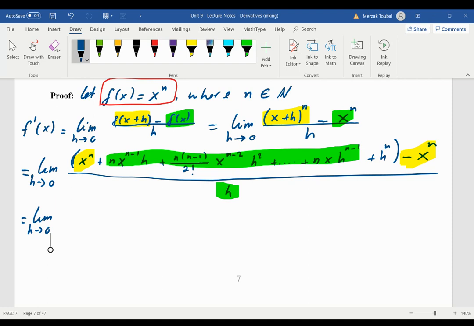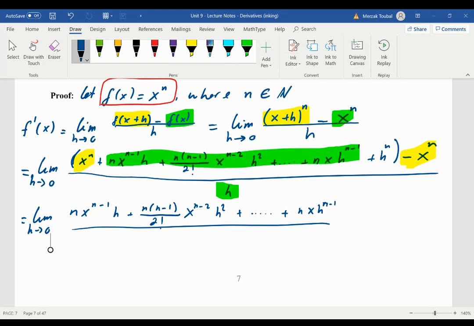Everything in green: nx to the n minus 1 times h, plus n times n minus 1 over 2 factorial times x to the n minus 2 times h squared, plus many other terms, and then nx times h to the power of n minus 1, all divided by h.